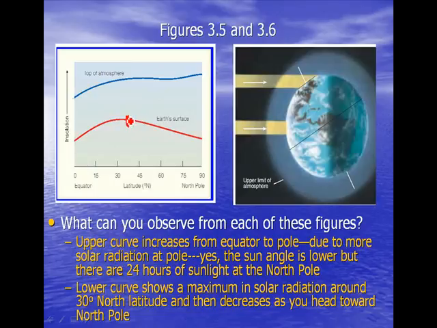Compared to the North Pole, it is quite a bit less at the top, but we're receiving more incoming solar radiation at the surface than the North Pole does. So that's one of the reasons why Iowa is quite a bit warmer than, let's say, Alaska or even further north.